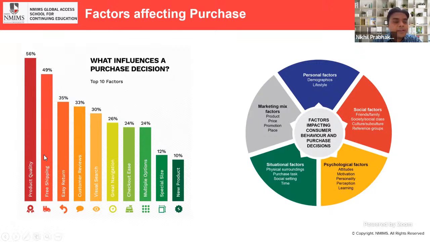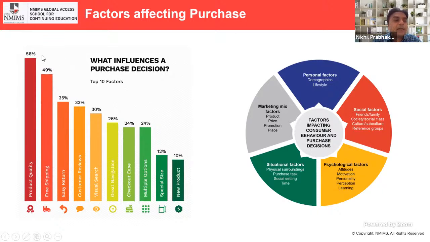Then, of course, free shipping is a very good plus. You will find that even on Zomato, when you have Zomato Gold, your delivery charges are waived off. That pushes a lot of people towards Gold, and that's why they keep that offering. Swiggy also has it, and so on and so forth. Then easy return, especially for e-commerce companies, is a very important factor emerging among the top three: easy returns, and then of course customer reviews, visual search.